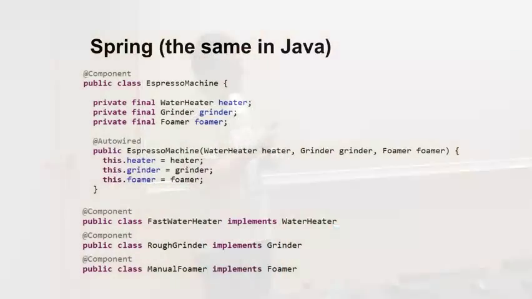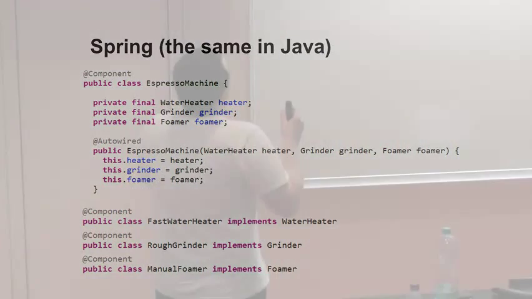Here just a quick comparison with the same code in Java. Nothing important here, just the same thing. You see it's a little more verbose, but that's not something we need to cover here.